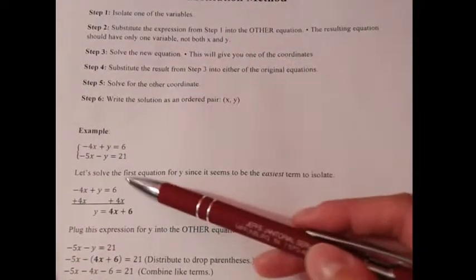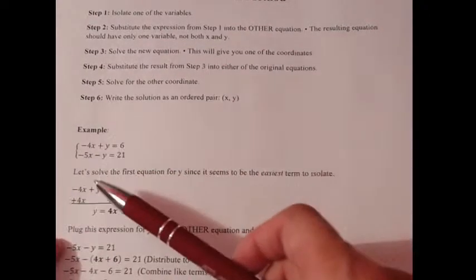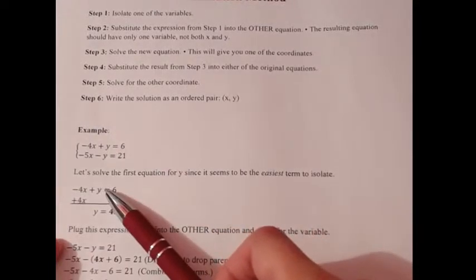So what I actually did for you all in showing you the steps for substitution method is I decided to isolate y in the first equation. So you can do anything you want. You can isolate any variable you want in your system. You just have to pick one equation and you have to pick one variable.